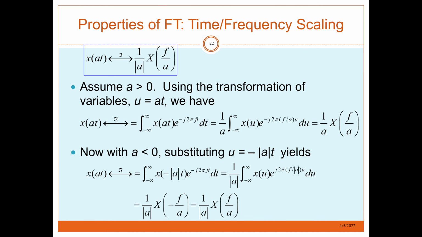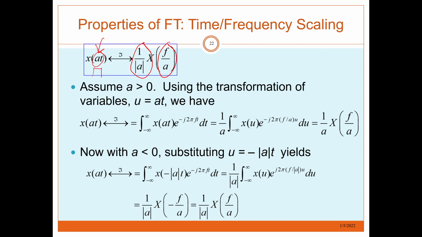And then we have time scaling or frequency scaling. If in the time domain the function is multiplied by a, we scale the function. For example, this is rectangular, so it will become sinc, but the f has to be divided by a, and there is also a coefficient of 1 over a, the value of the scaling.